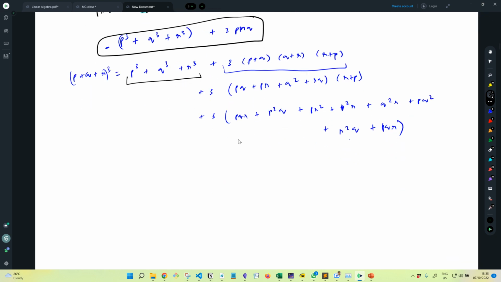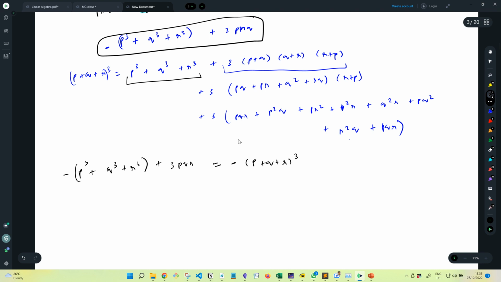So then from this equation I have minus (pq plus qq plus rq), plus 3prq plus 3pqr. This will be equal to minus of (p plus q plus r) the whole cube, right? And plus you'll have 9prq.